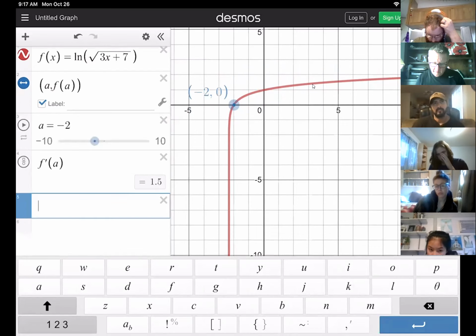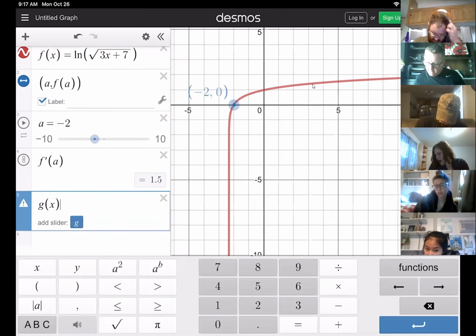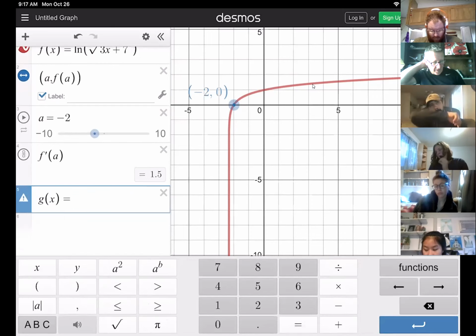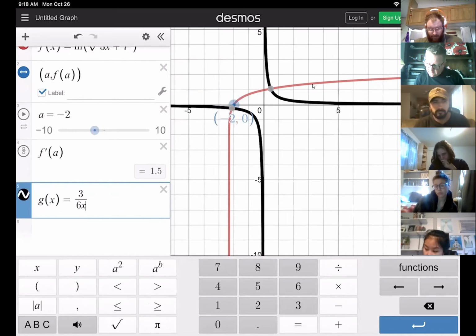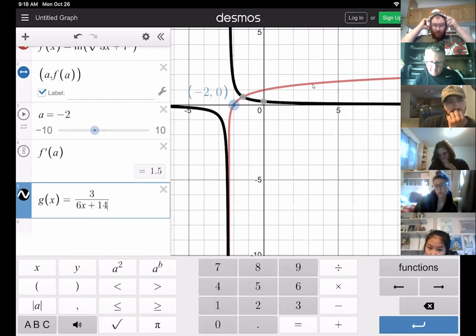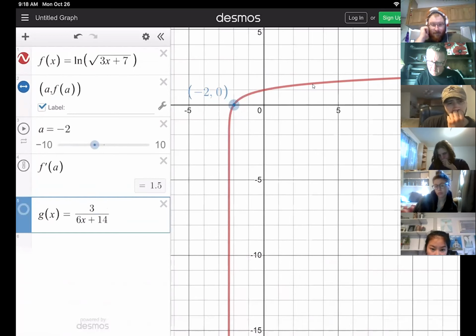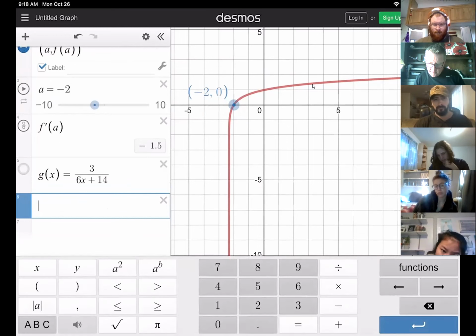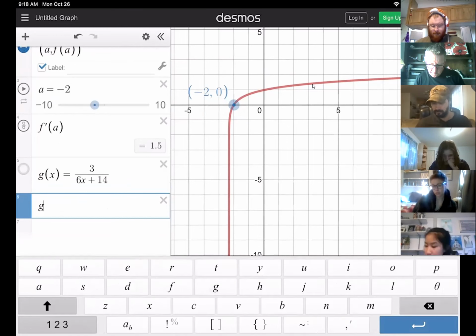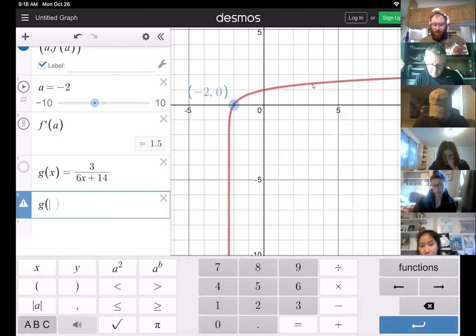We're saying that this other equation, g of x, is actually the derivative equation, and incredibly, it's 3 divided by 6x plus 14. It just doesn't seem possible that that would be the derivative. I'll turn the graph off just so that you don't have to look at it. But now I'm down here, and I'm going to say, okay, great. If that's true, then tell me what g of a is.